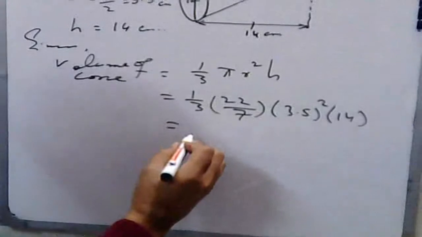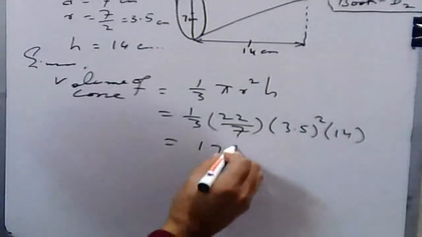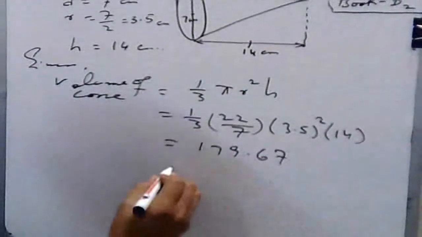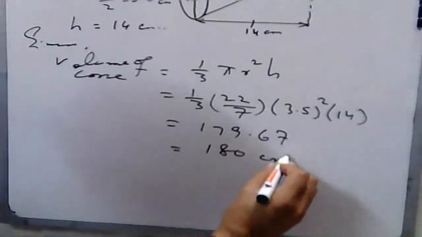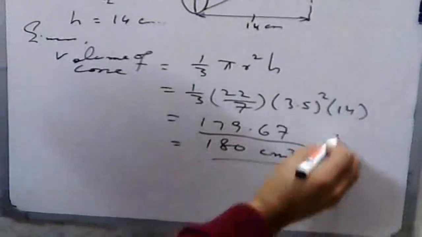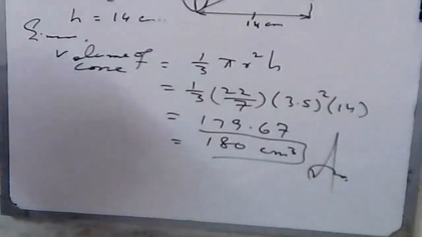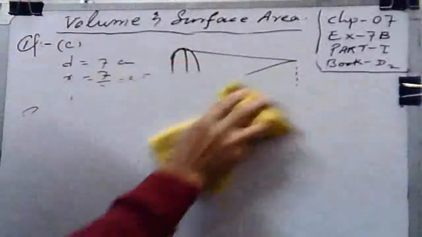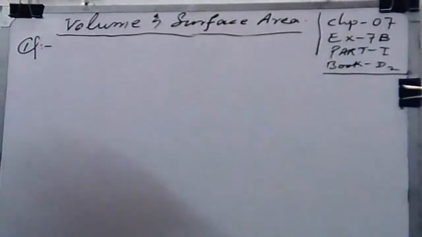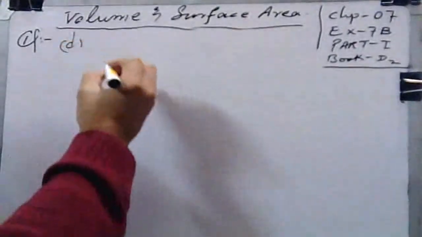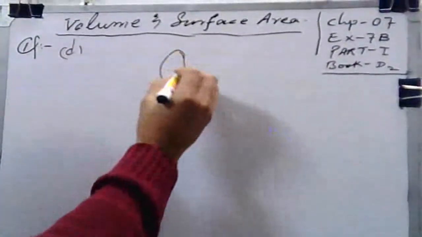On simplification you can say that 179.67, so by rounding it is near about 180 centimeter cube, your required result. Similarly, another diagram you can see. Another diagram is your D.